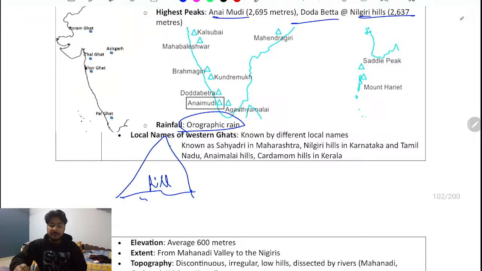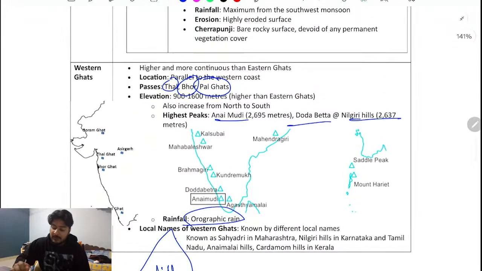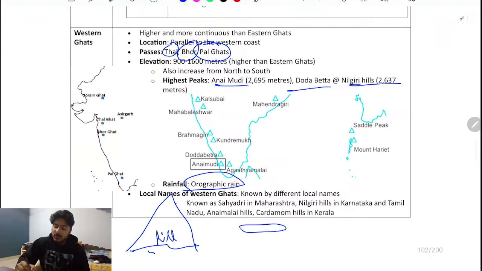The clouds are coming from this direction, and the moment they strike the hill, because of the strike, the rain happens, precipitation happens. This is known as orographic rainfall. The rainfall which happens because of the hills, because of the mountain, is known as orographic rainfall.